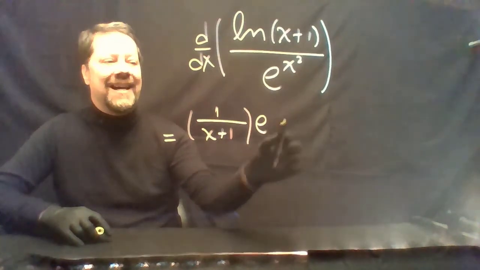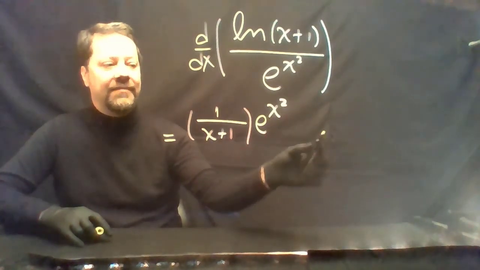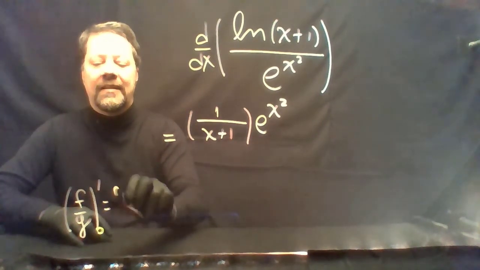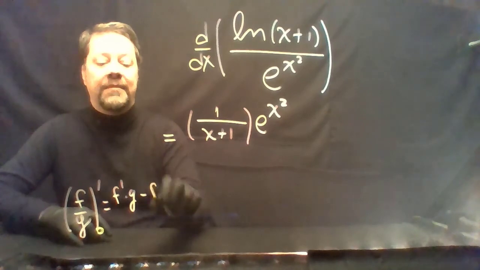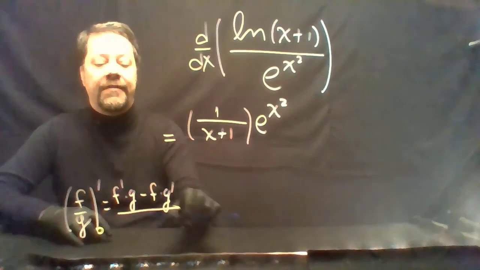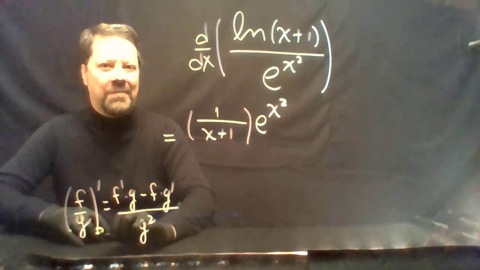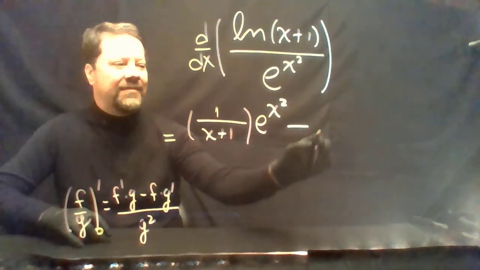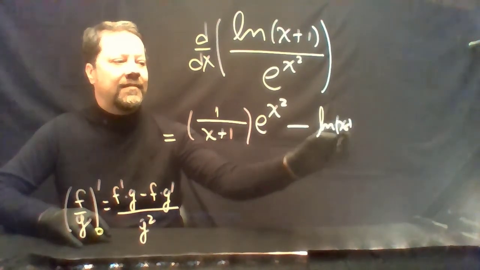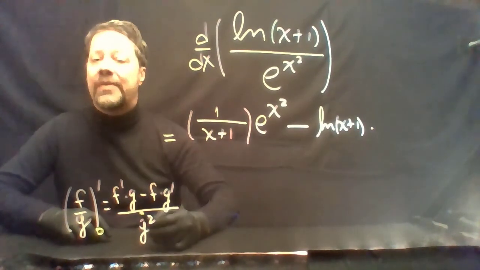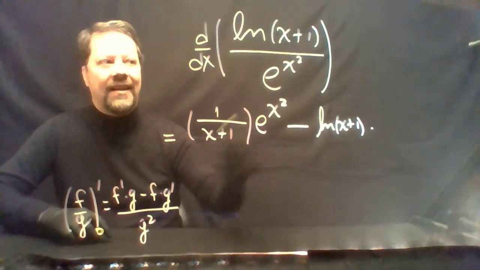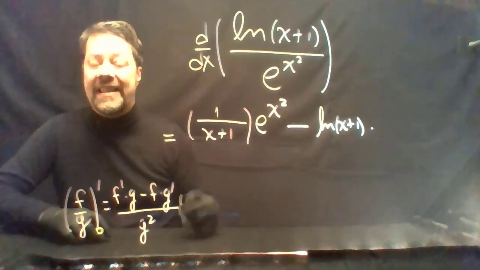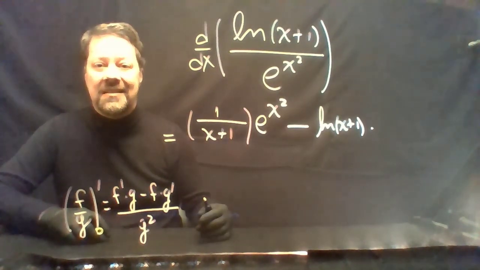Now, times the denominator. Remember, if I have f over g, the derivative is the derivative of the top times the bottom minus the top times the derivative of the bottom, over the bottom squared. So it's minus the top times the derivative of the bottom. Now, to calculate the derivative of the bottom, you need to know that the derivative of e to the x is e to the x.